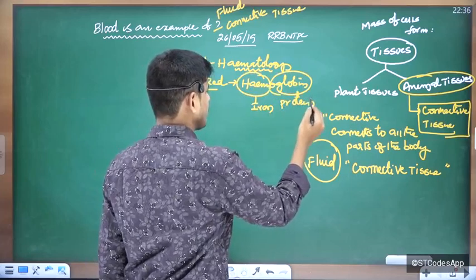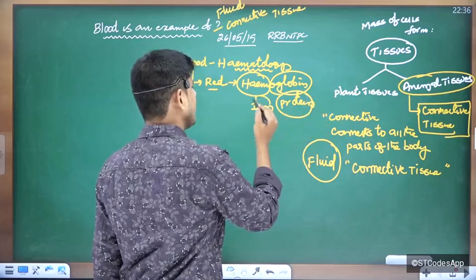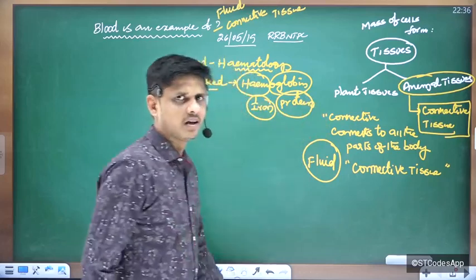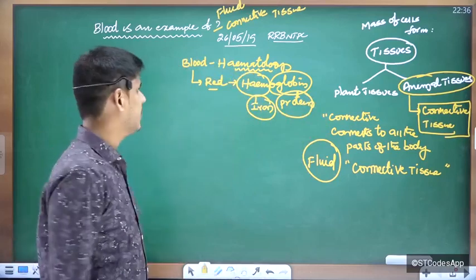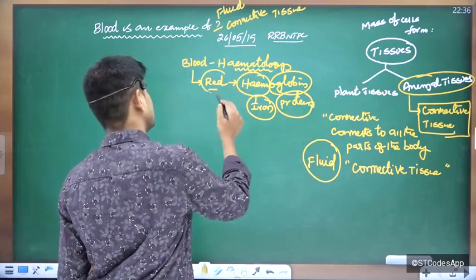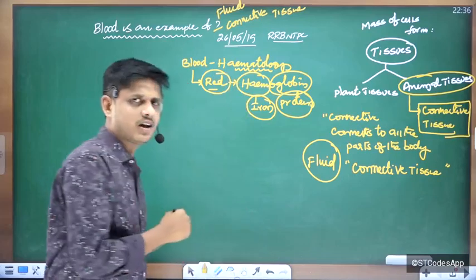The protein present in the blood is globin, and the element present in the blood is iron, and both are present in the blood. Due to the presence of hemoglobin, the blood appears red in color.